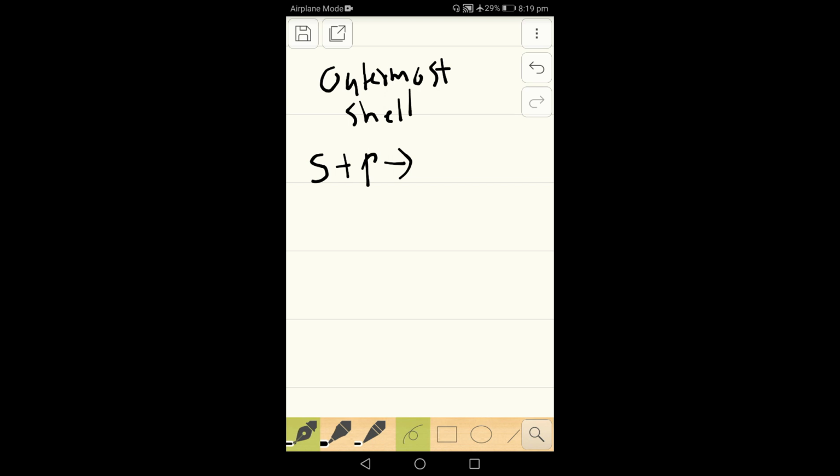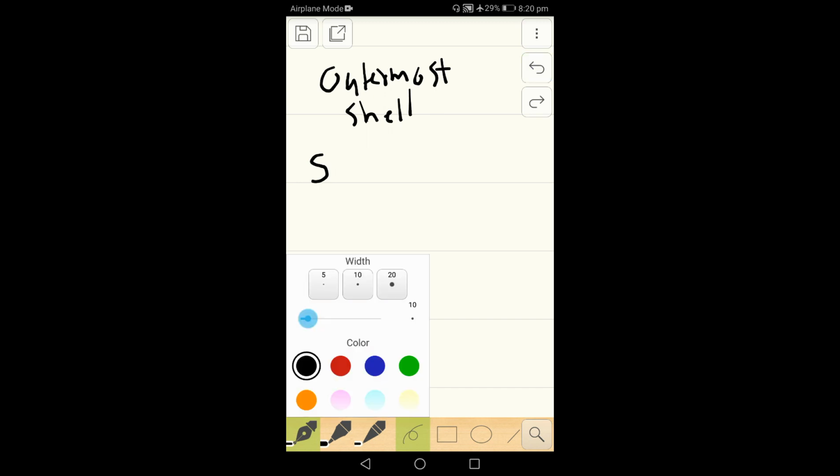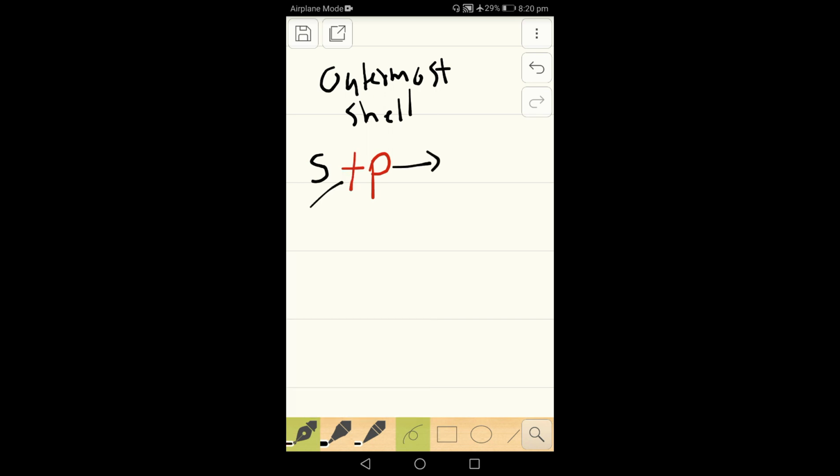So how many orbitals are mixed together? 1, 2. So 1 s and 1 p is being mixed. Let me draw p with red color. 1 s and 1 p orbital is being mixed, so here 2 orbitals are being mixed.